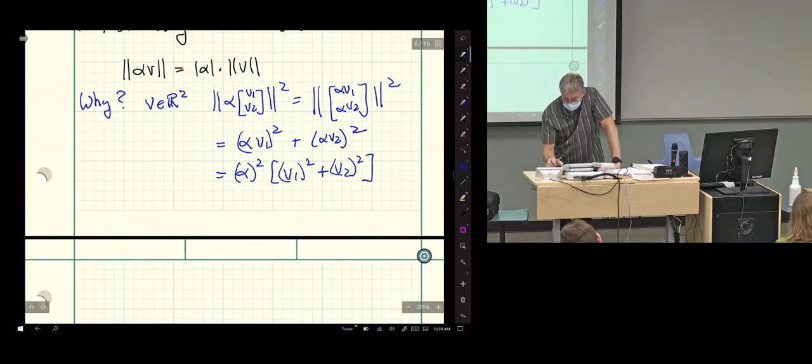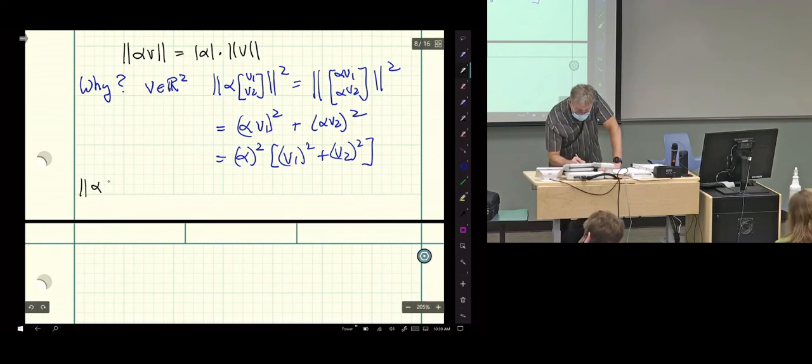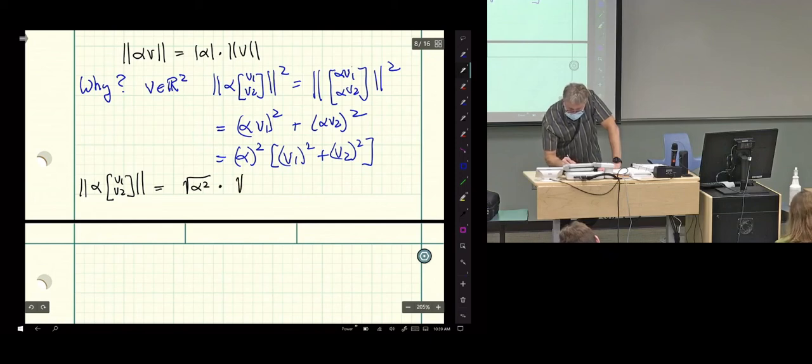And so now I do the square root, and we know that the square root of a product is the product of the square roots, okay? So the norm of alpha v1, v2 is then equal to the square root of alpha squared times the square root of v1 squared plus v2 squared.